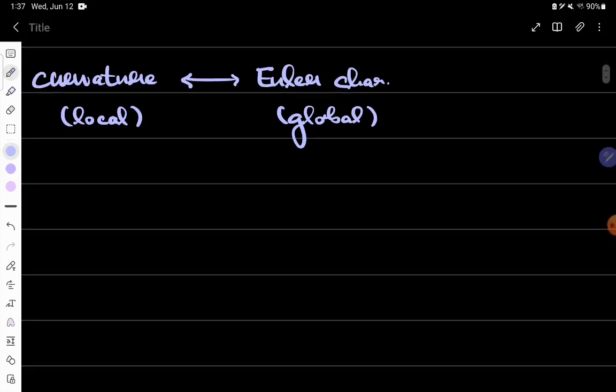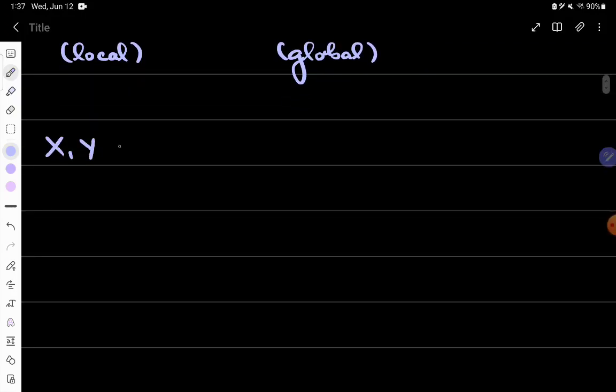So to start, I'm going to let X and Y be smooth manifolds.